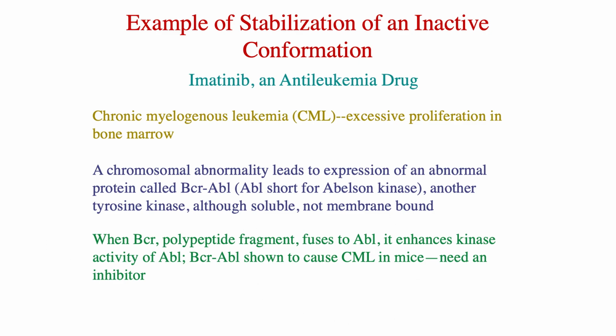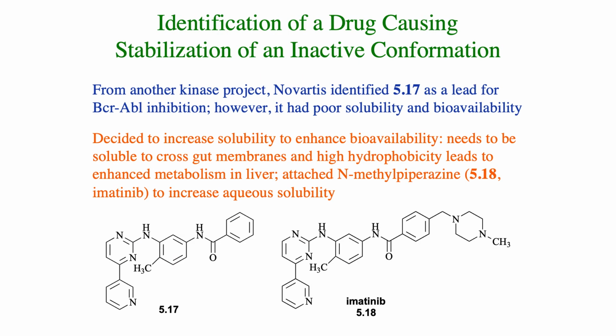So if someone has CML, then what they can do is karyotype the white blood cells, so they can look at the chromosomes of the white blood cells, and if their chromosomes have the specific Philadelphia chromosome, they can say, okay, this person has CML, and they have CML caused by this specific mutation that leads to this protein BCR-ABL, and we know how to inhibit this protein, so this particular type of CML can be cured.